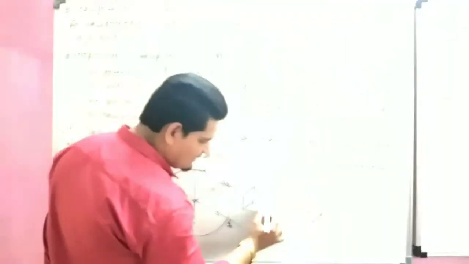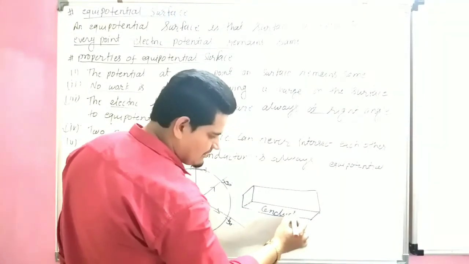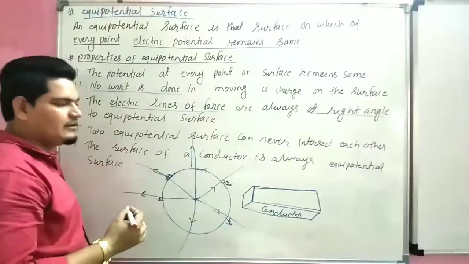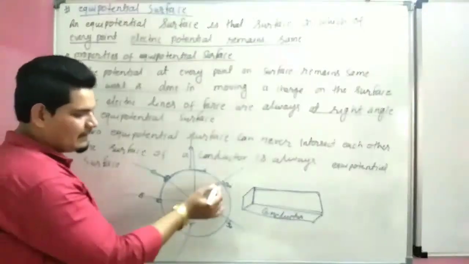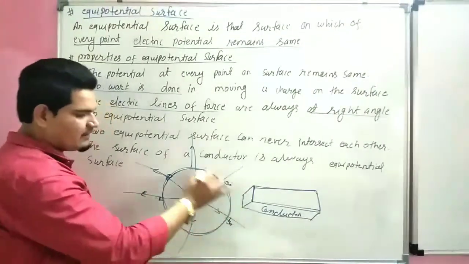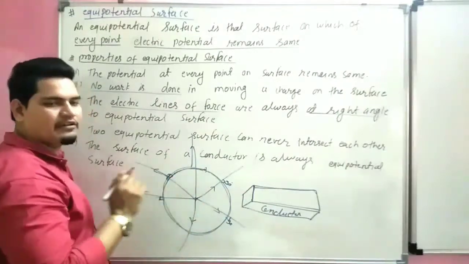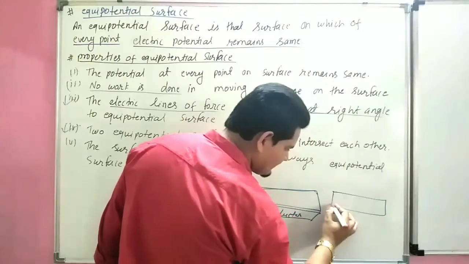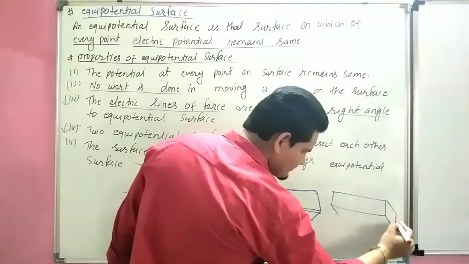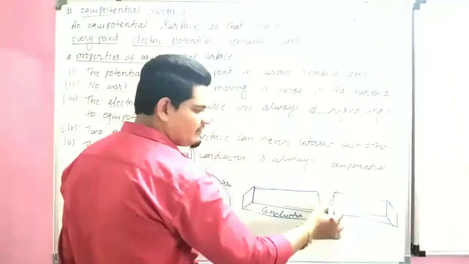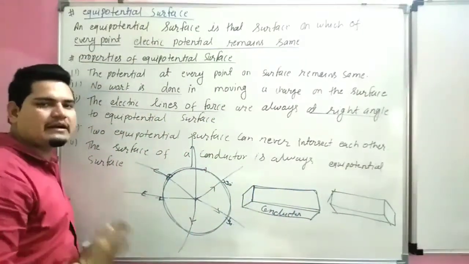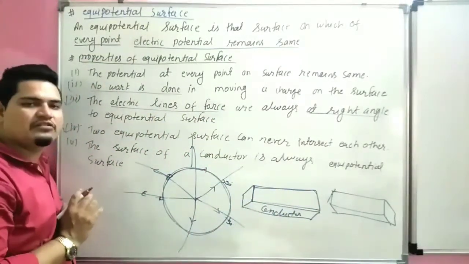If this is a conductor, then its outer layer, its surface, is an equipotential surface. So the surface of every conductor is always an equipotential surface.